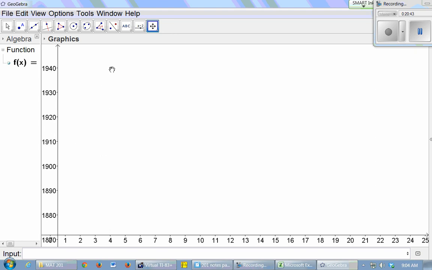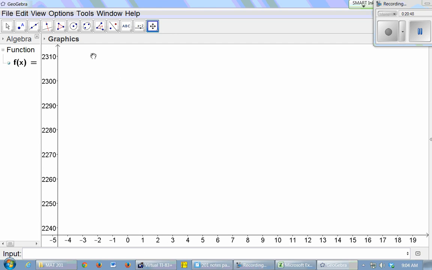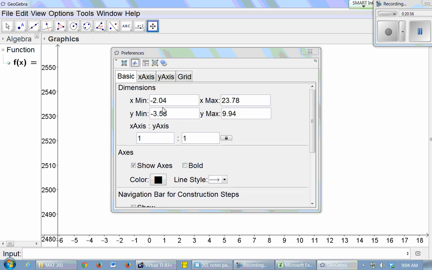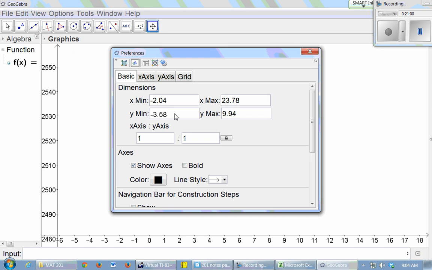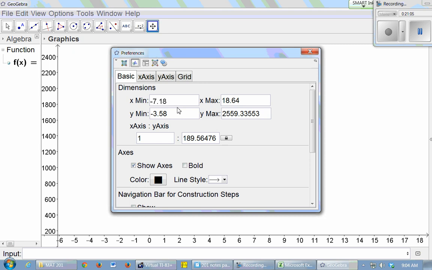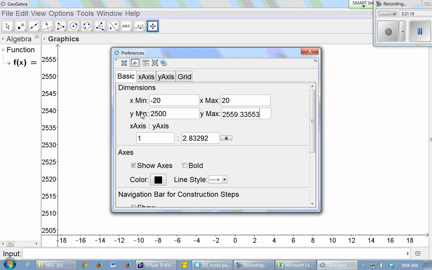This seems really tedious. Okay, so x min, let's go negative 20 to 20, and y, we need to go from, let's say, 5,500.